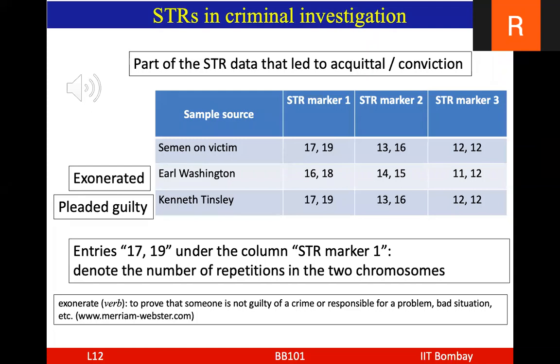What they found was that Earl Washington's sequences did not match at all. All three biomarkers, STR 1, 2, and 3, failed. But for Kenneth Ridsley, the possible suspect, an identical match was found. That clearly showed Earl Washington should be released and Kenneth Ridsley was identified as the criminal.